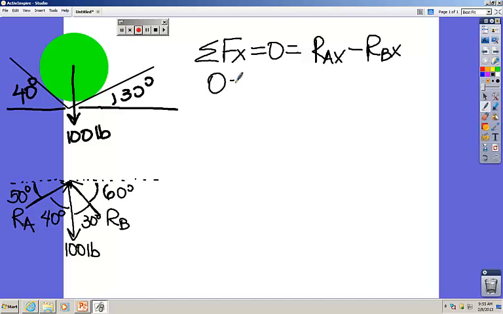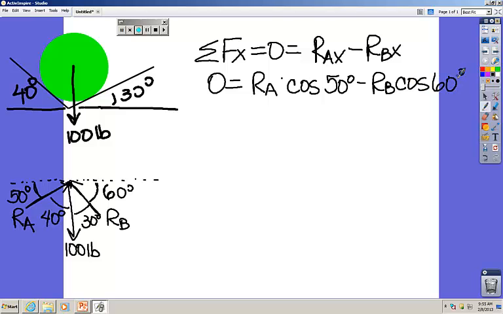So we say RAX minus RBX. Now RA, we said, had a positive x component, and so we wrote it as a positive. So we end up with 0 equals RA times cosine 50 minus RB times cosine 60 degrees.